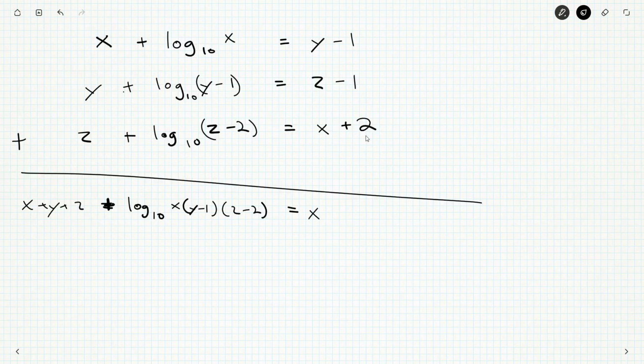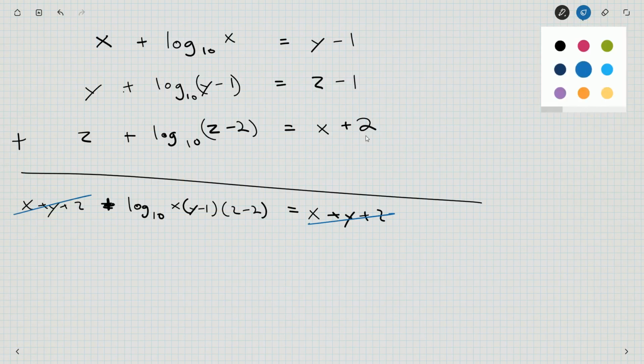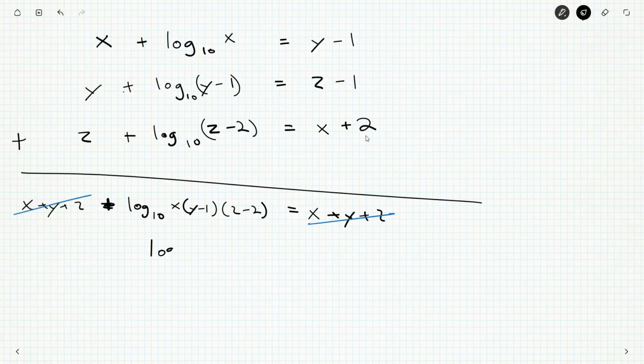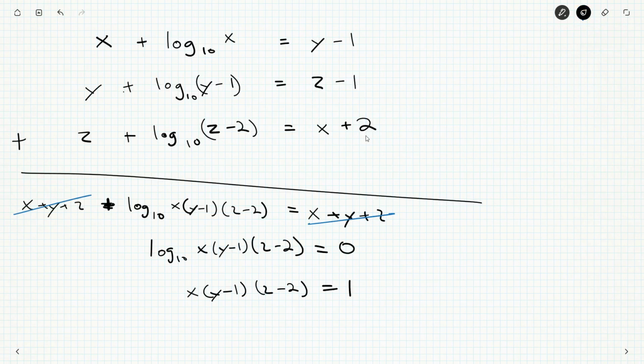And the nice thing is the plus 2 and the minus 1s will cancel, and we get x plus y plus z, so that cancels out with that. And so we get log base 10 of x, y minus 1, z minus 2 is 0. And there's only one number whose log base 10 is 0, and that's 1. So that's pretty nifty. All 3 of these numbers multiplied together are 1.